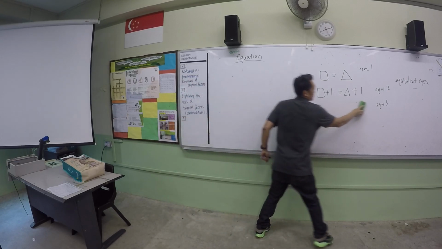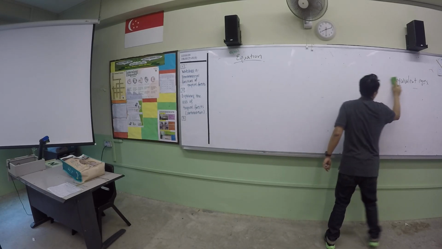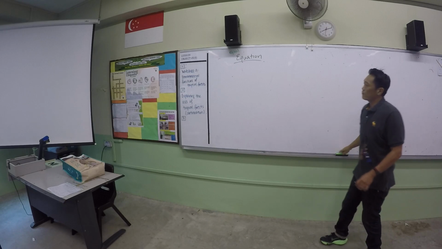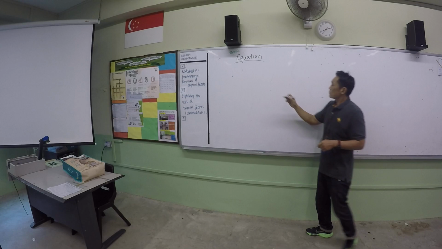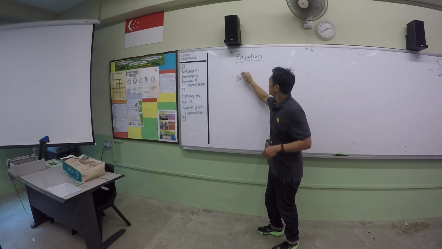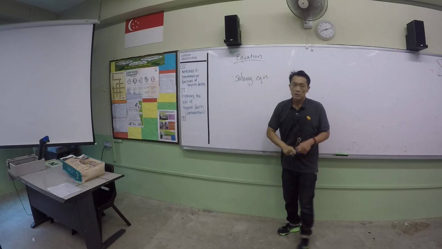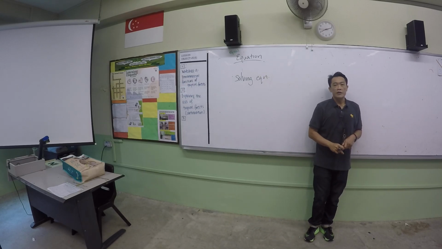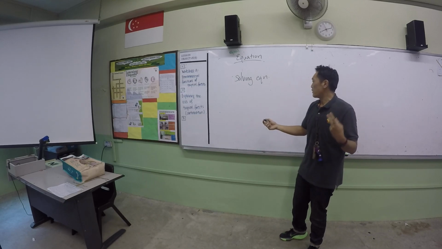With this understanding, let us try to start solving equations. And the meaning of solving equations is finding out what is the unknown value in the equation that will make left and right balance, or that will make left and right the same.